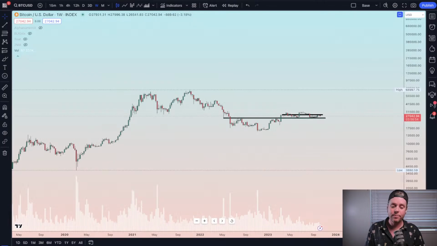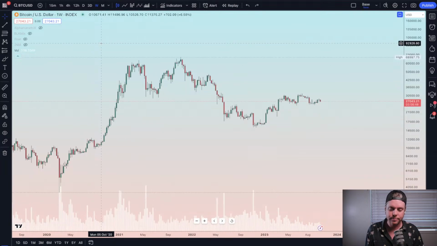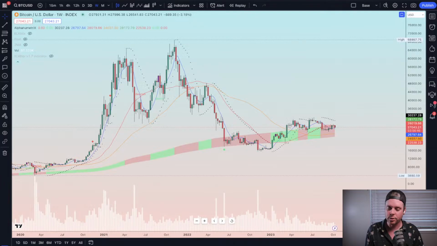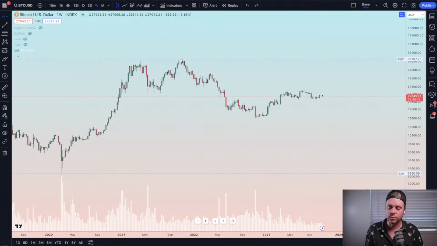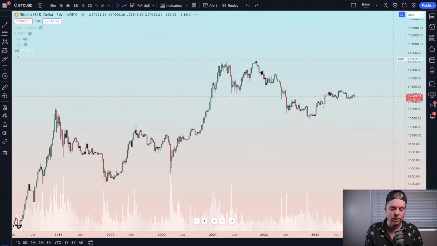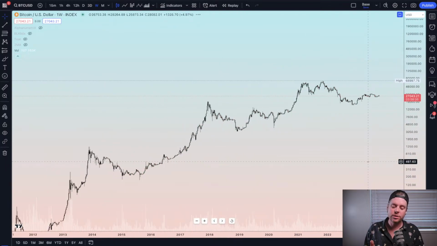And from a time perspective, when we take a look at the previous market cycles, oh, I lost my drawings. Well, let's just redraw them. Here on the log chart, what I've started to do is look at the market cycle low to all-time high break. So we're going to grab the 2015 cycle.